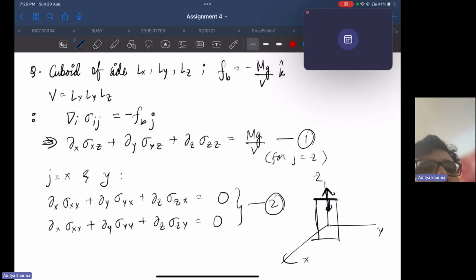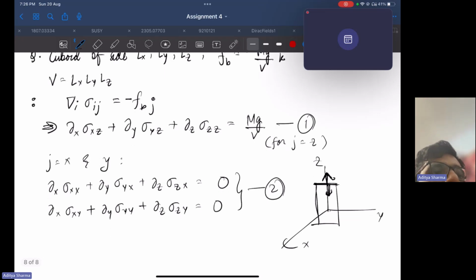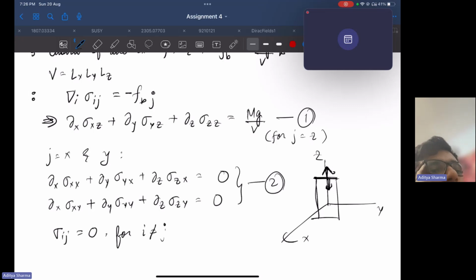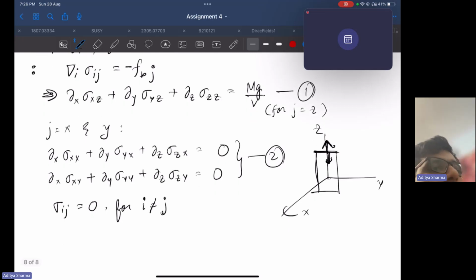It does not want the material to disintegrate. Then there won't be any shear component. So with this logic, sigma ij is equal to 0 for i not equal to j. From this intuition, we have this argument.